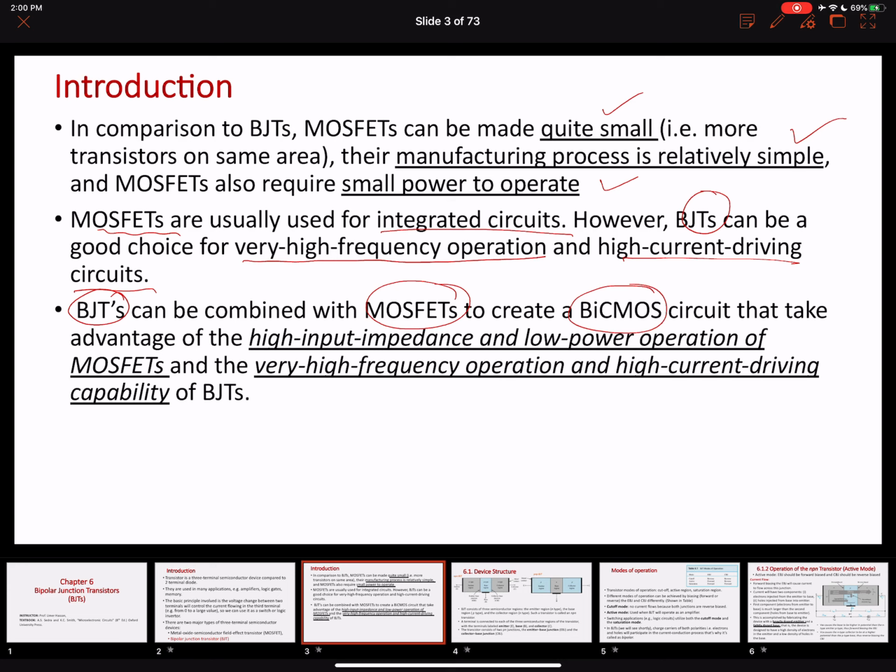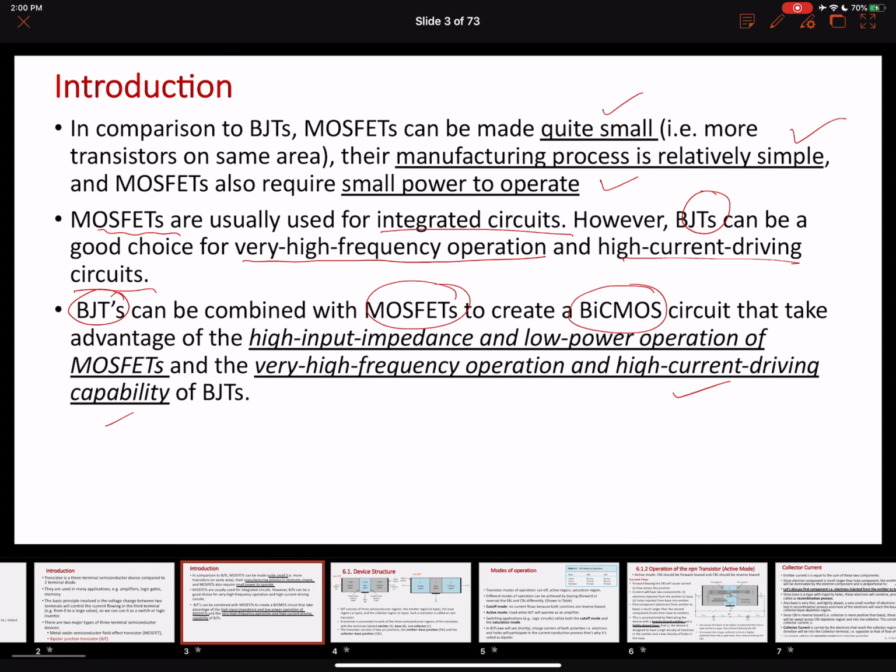And for the BJTs, very high frequency operation and a very high current driving capability. So we can develop BiCMOS circuits to take advantage of the individual advantages of both of these transistors together. Again, we will not discuss BiCMOS in detail in this course, but just to give you an idea for future reference.